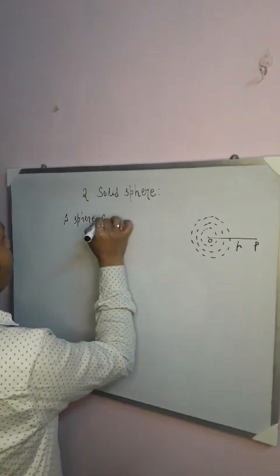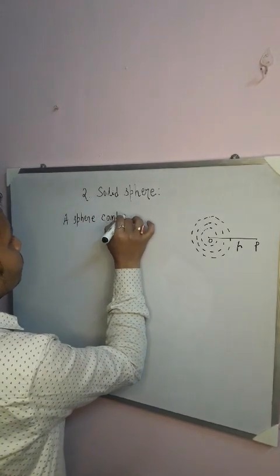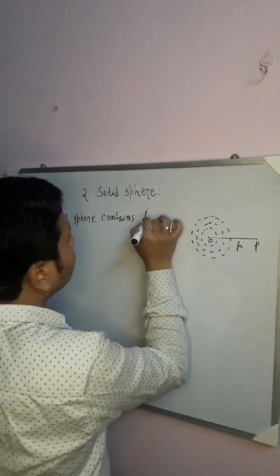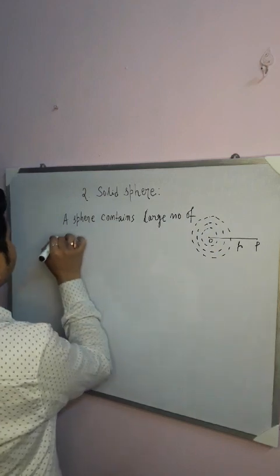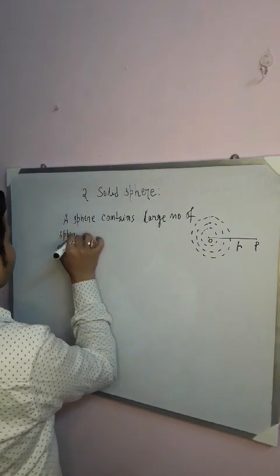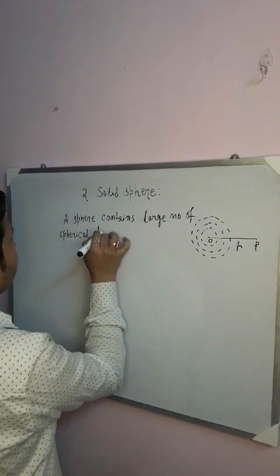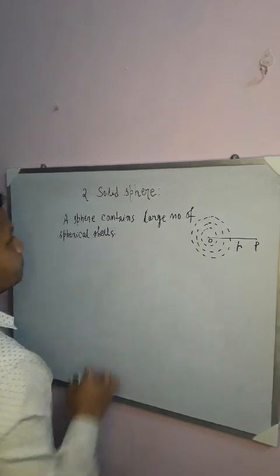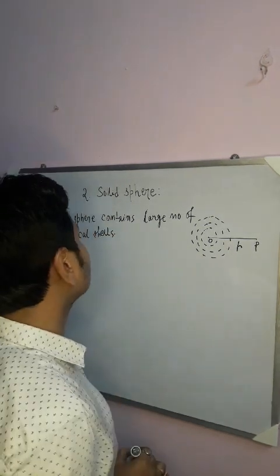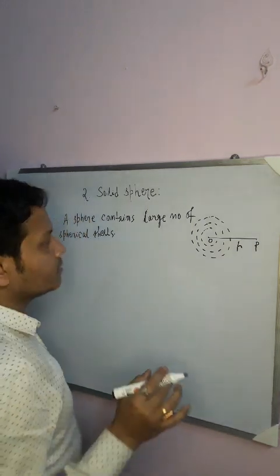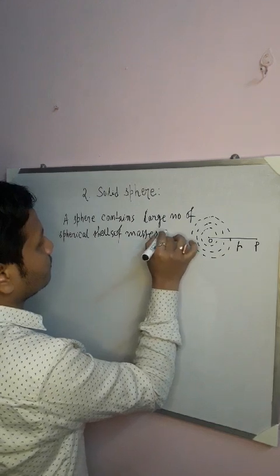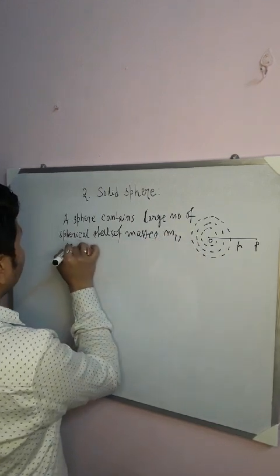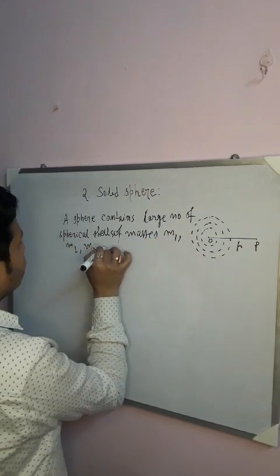A sphere contains a large number of spherical shells. Suppose their masses are m1, m2, m3, etc. So shells of masses m1, m2, m3.